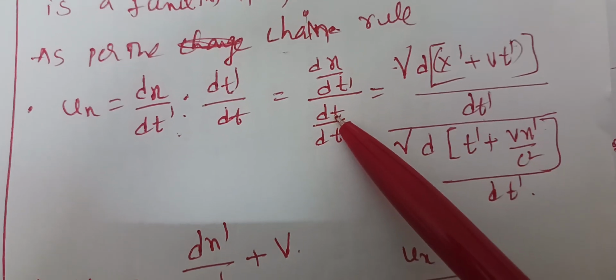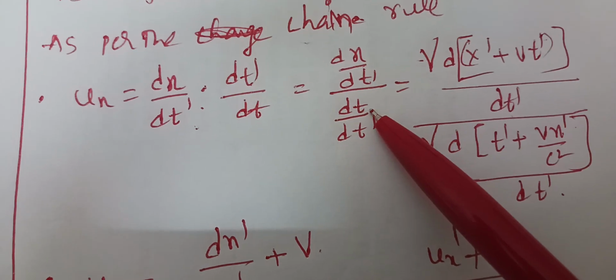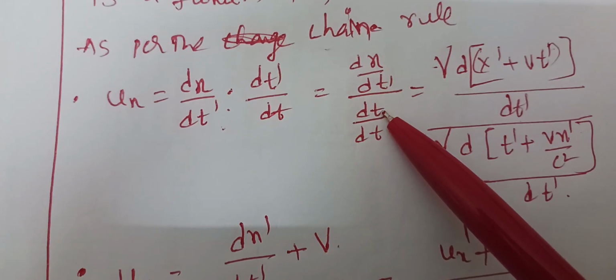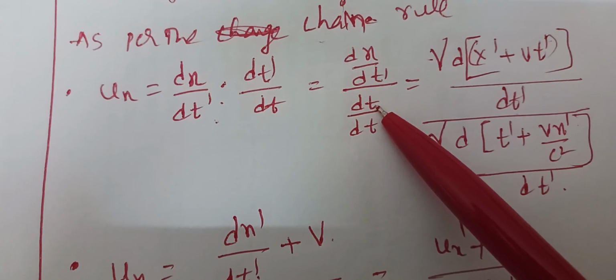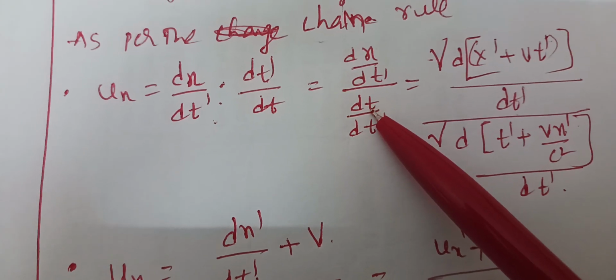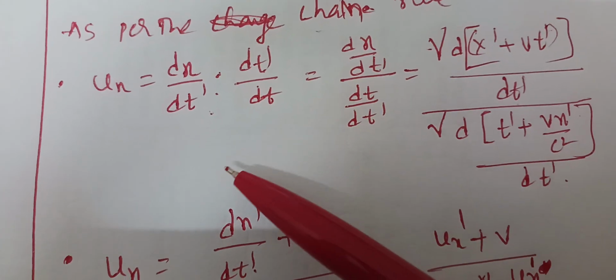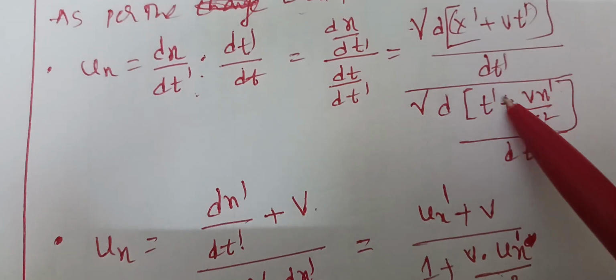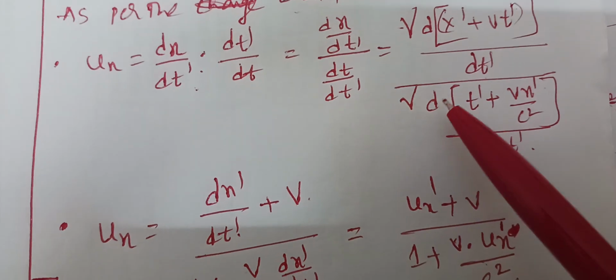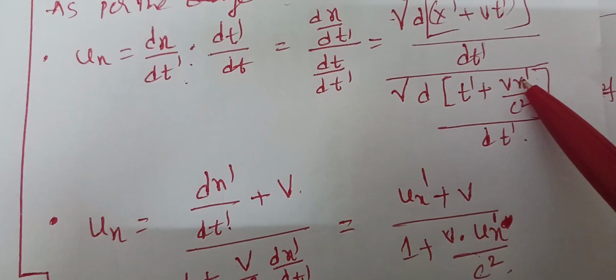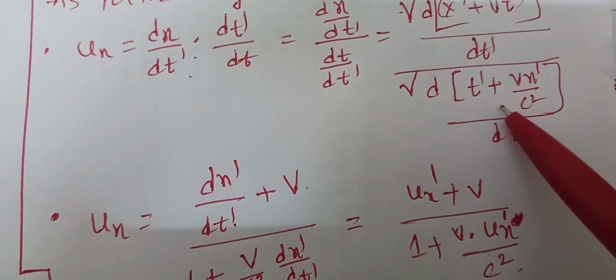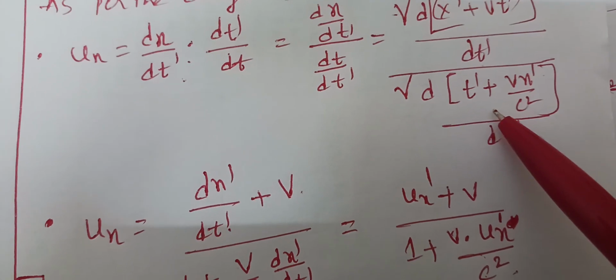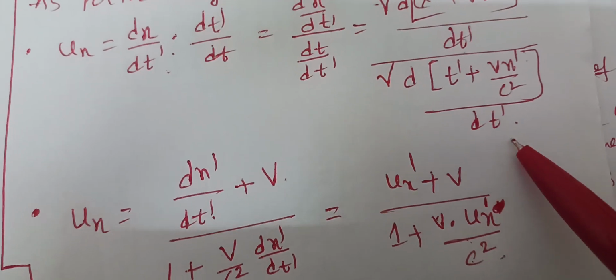The same for the time function: I said that though the event is happening in the frame S dash, it is also a function of time in the stationary reference. So for t, I write gamma into d of (t dash plus vx dash by c square). This is just substitution from t into dt dash as it is.